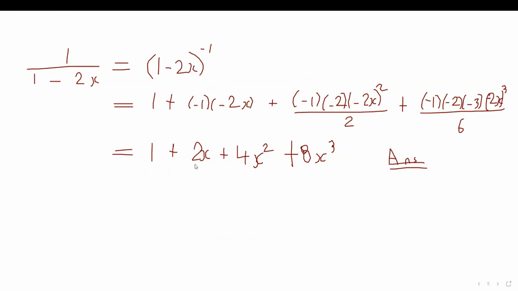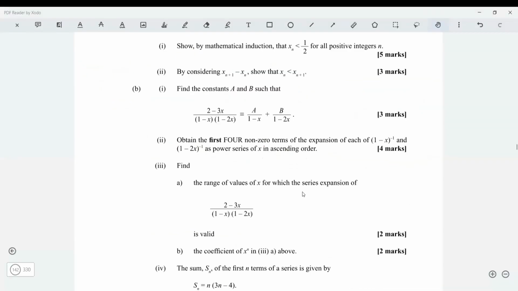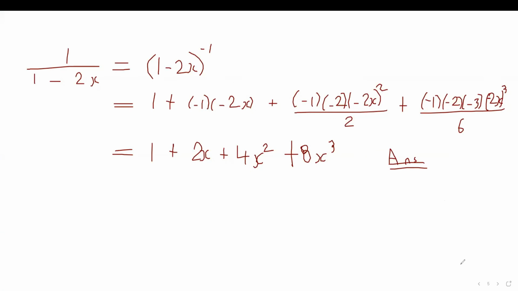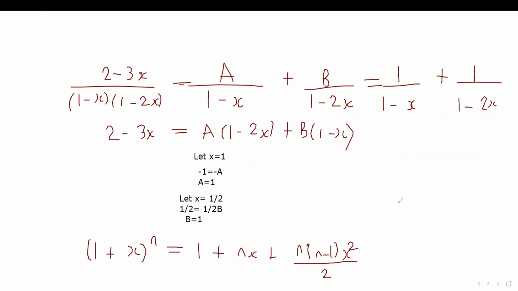The next part now they ask is, state the range of values of x for which the series expansion is valid. Now always remember that the expansion is always valid, I'm going back to the formula, the formula is only valid when the modulus of x is less than 1. In that case, we're saying that x is between 1 and minus 1.